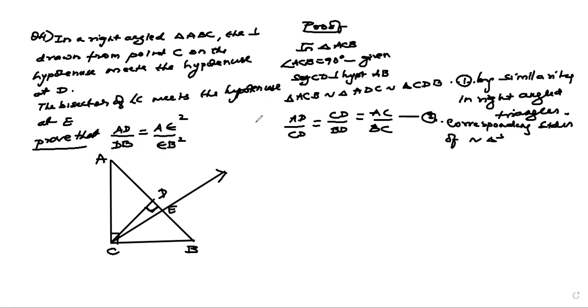So you got these ratios equal. You wanted AD, you got AD, but DB you got in the second ratio. Doesn't matter, children, I'll have to use common sense to get it like this.